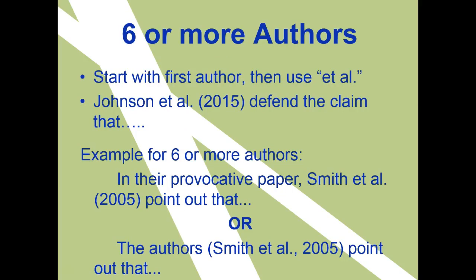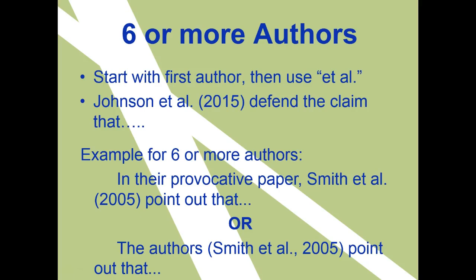Now, when there's 6 or more authors, it gets easy once again. We simply start with the first author's name, and that is followed by the et al. that we talked about before, and then the year.